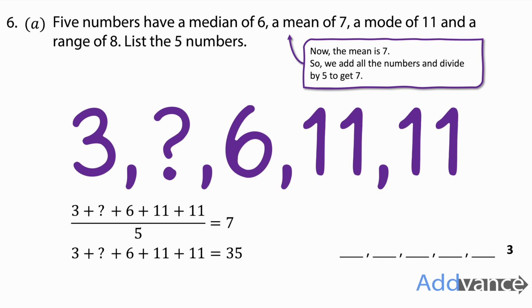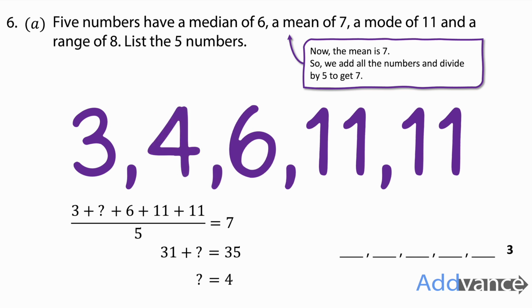We get 7 times 5 is 35. The numbers we have, 3, 6, 11 and 11 add up to 31. So 31 plus the missing number is 35. And so the missing number is 4. Good. That is the 5 numbers we wanted in the question. That is the final answer.